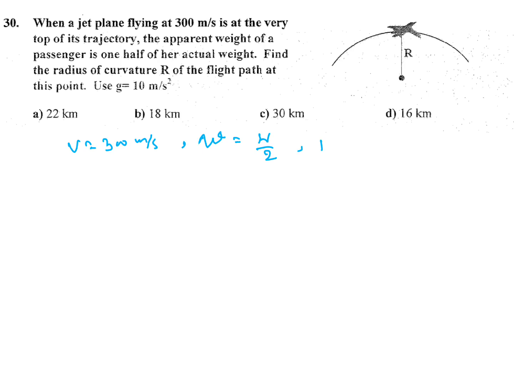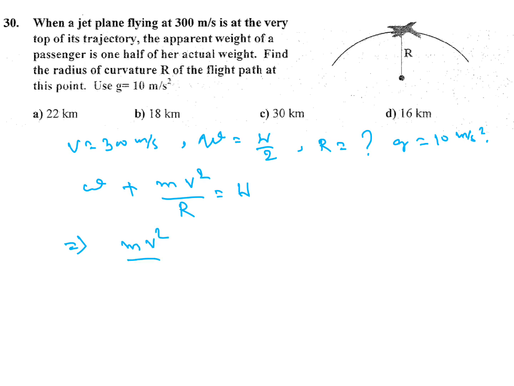We have to find radius of curvature r. So we will use apparent weight plus mv square by r centrifugal force equal to W. Apparent weight is already given, it's W by 2.